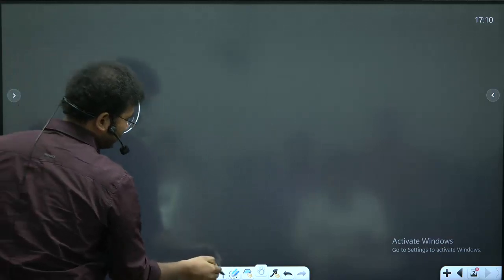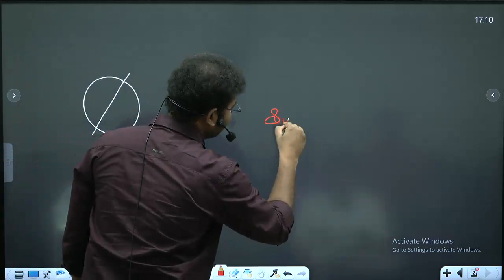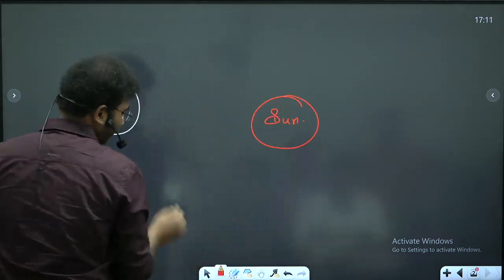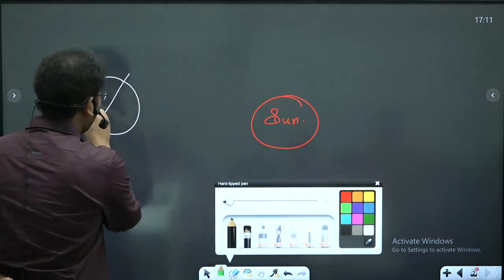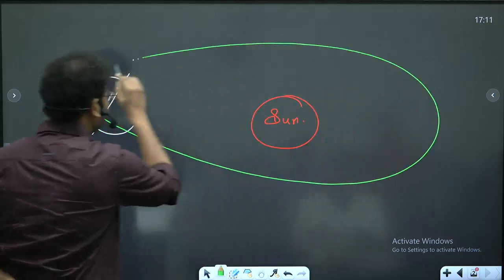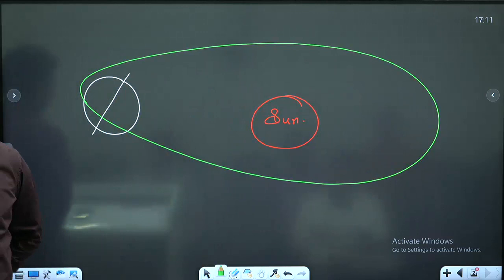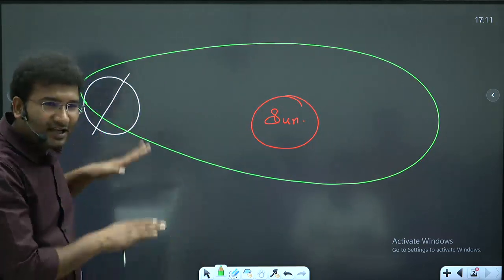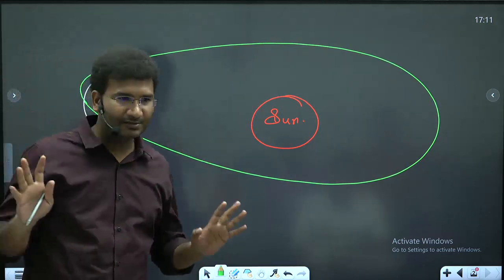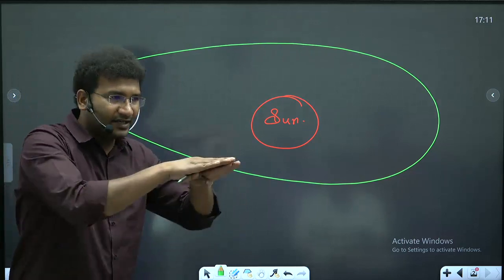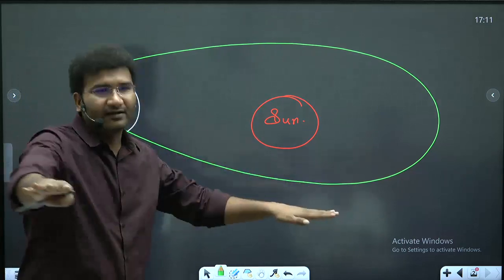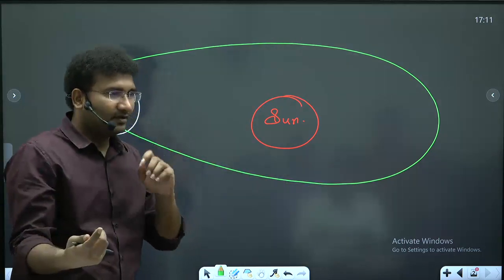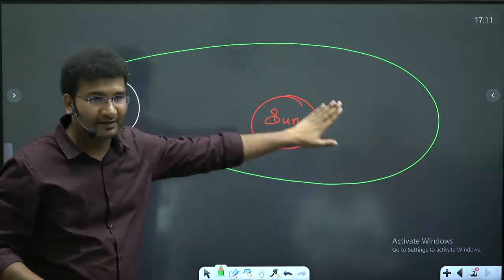Just imagine this is your sun. Our Earth goes around the sun in this orbit. Now just imagine like the equatorial plane. Equatorial plane मतलब समझ गए आप लोग? It's just a plane. It's a two-dimensional thing. Likewise, imagine this is a plane.